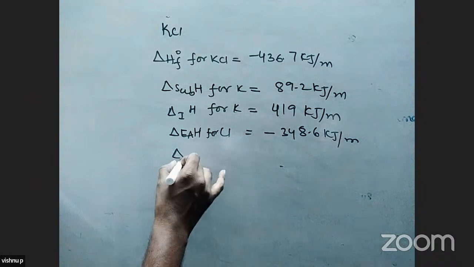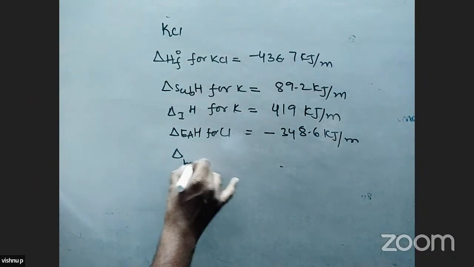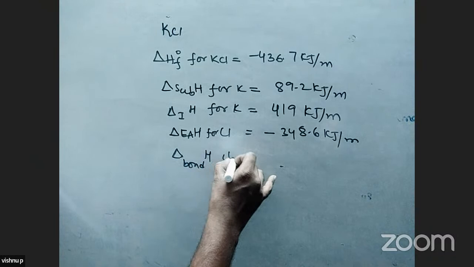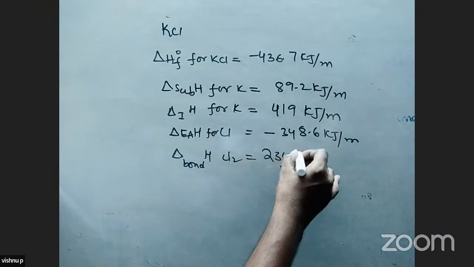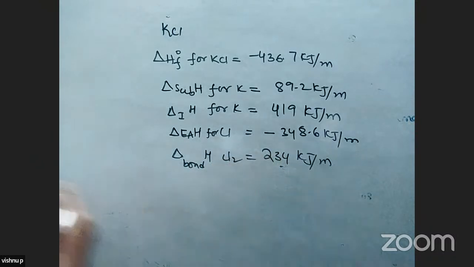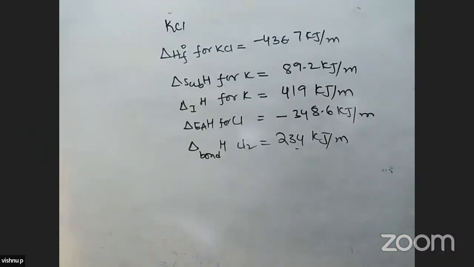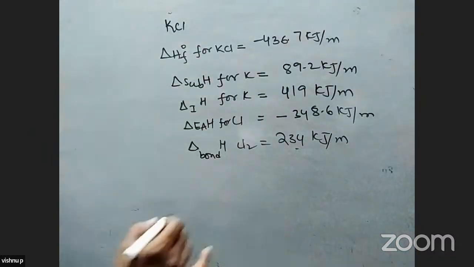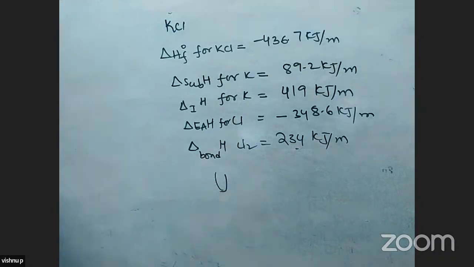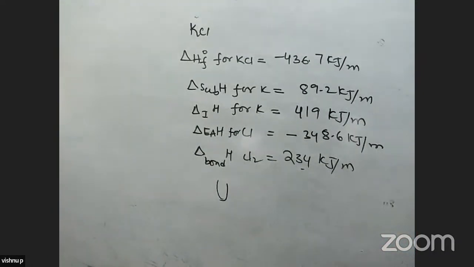And bond dissociation enthalpy of Cl2 is 234 kilojoules per mole. Calculate the lattice enthalpy.